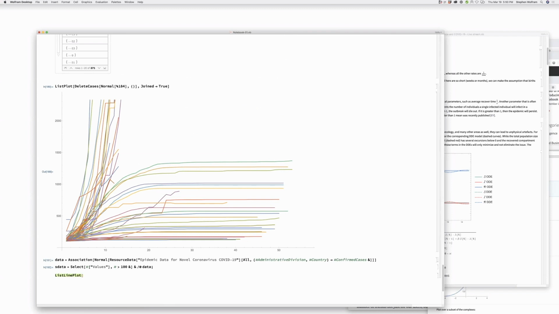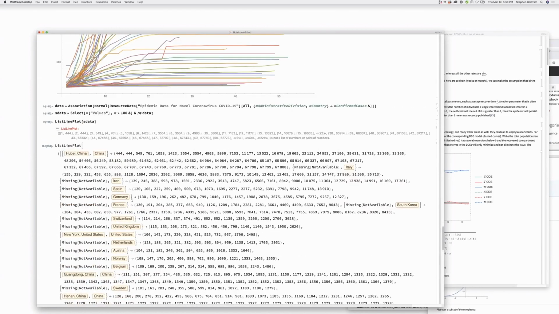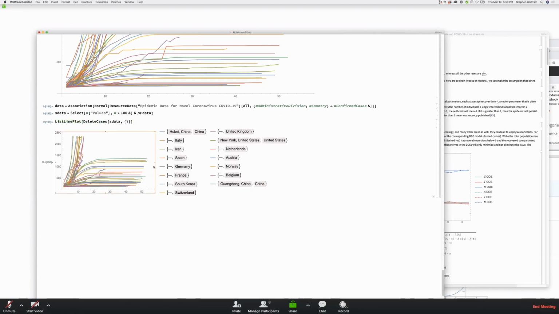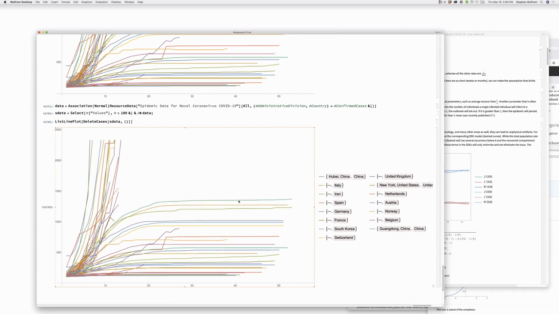I think that the reason it was having a problem is because it didn't know whether or not to interpret the list of lists as a list of two-dimensional coordinates or a list of different things to plot. But because it's an association, it's not ambiguous anymore. Well, but it doesn't like it. Well, okay, maybe you're right. Okay, do key value map and make them tooltips or callouts.